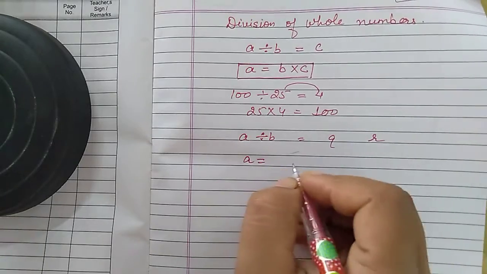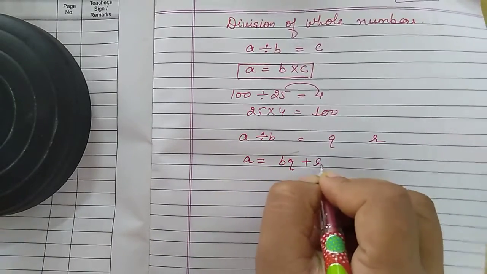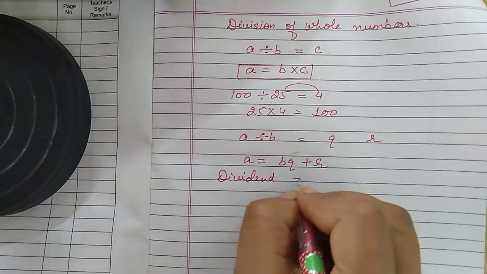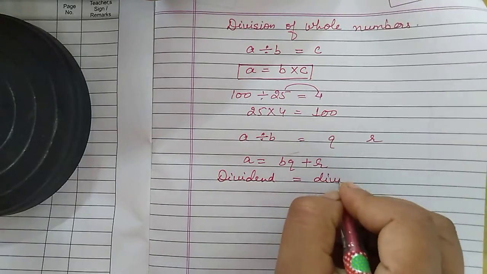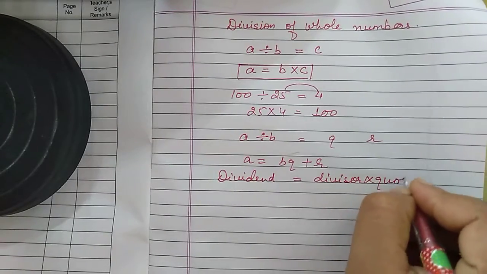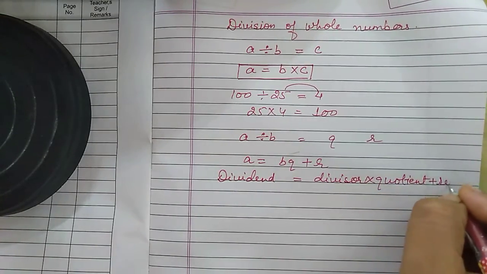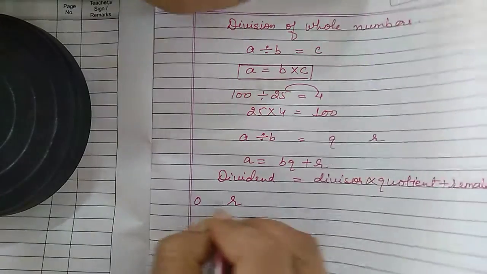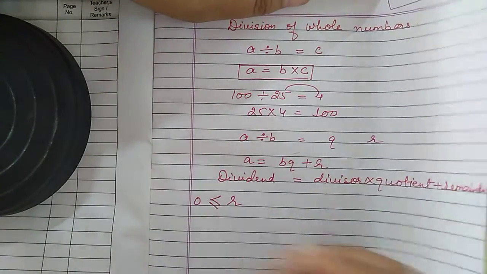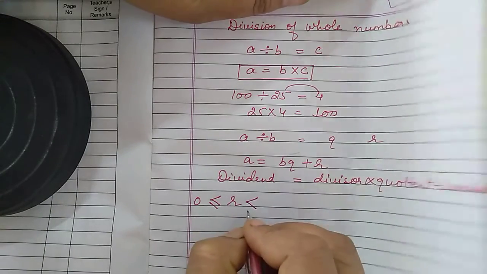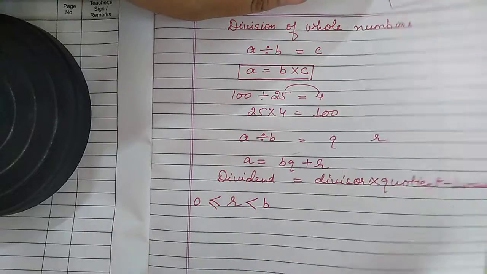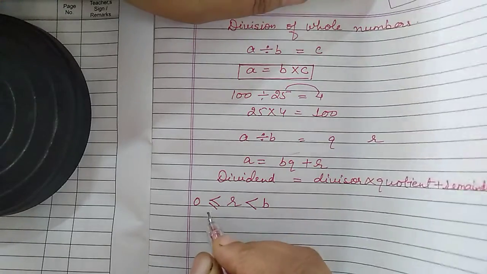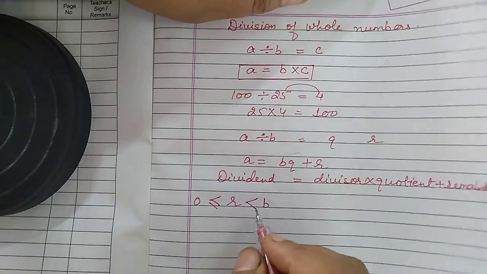Then a is equal to b multiplied by q plus r, means the dividend is equal to the divisor multiplied by the quotient plus the remainder, where the remainder is always greater than or equal to 0, and always less than the divisor.